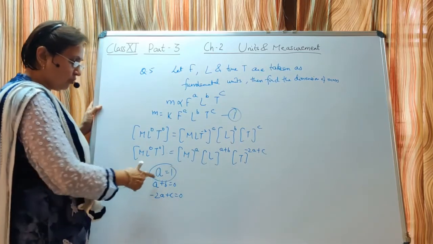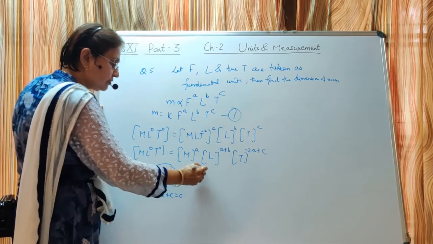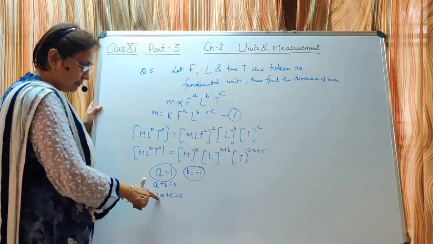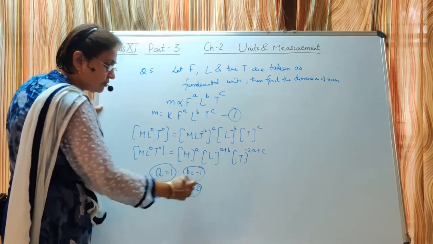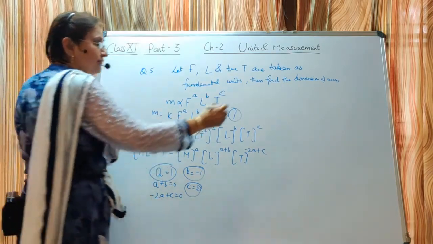a here is 1, and as a plus b is equal to 0, b is equal to minus 1. Minus 2a, that is minus 2, plus c is equal to 0, so c is equal to 2. Substituting in equation number 1, we have found a, b and c.